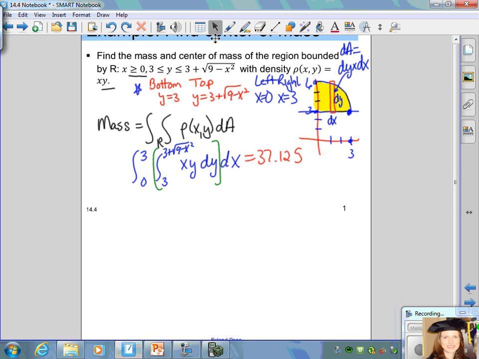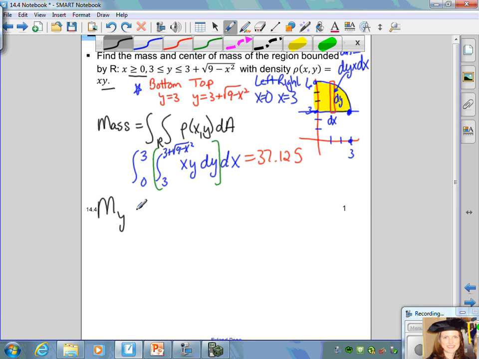Let's find the moment with respect to the x-axis. Actually, let me go back a second here.